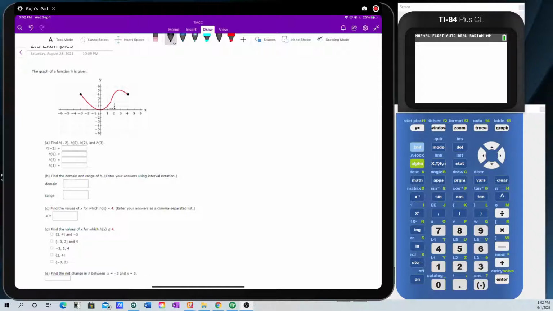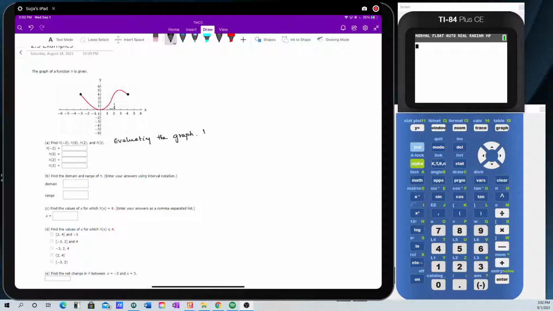So the first example here, A, is just to find the value of y, or in other words, this is evaluating the graph. It's the same way as we would do in an algebraic equation.